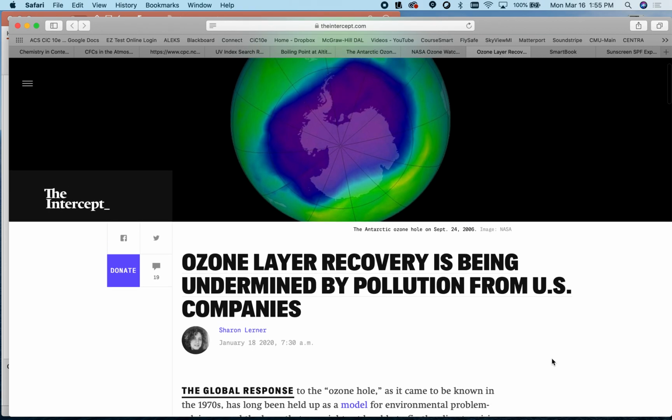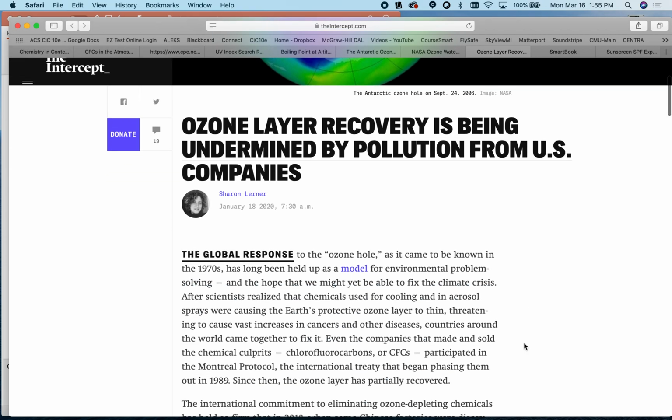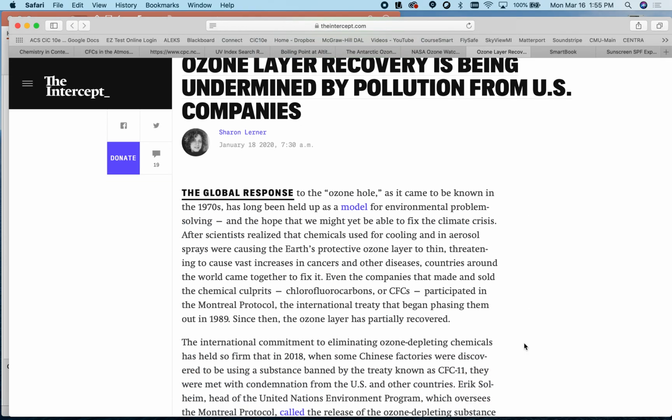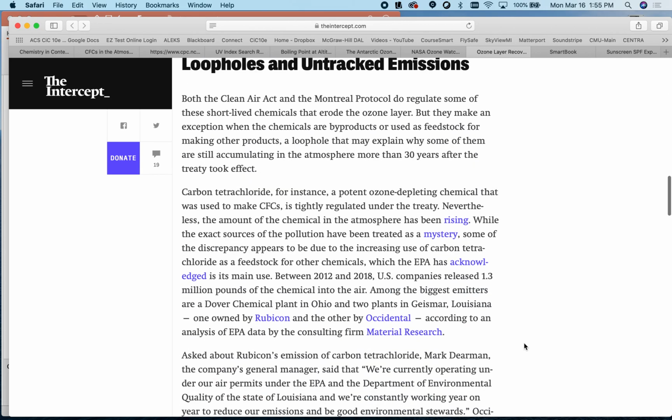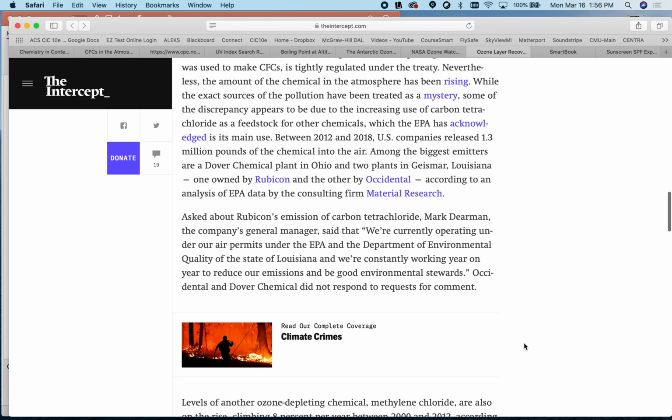Even though the Montreal Protocol said no more CFCs, so we took care of that, there are a couple that are still being produced, still used a lot, that also cause the same effect.